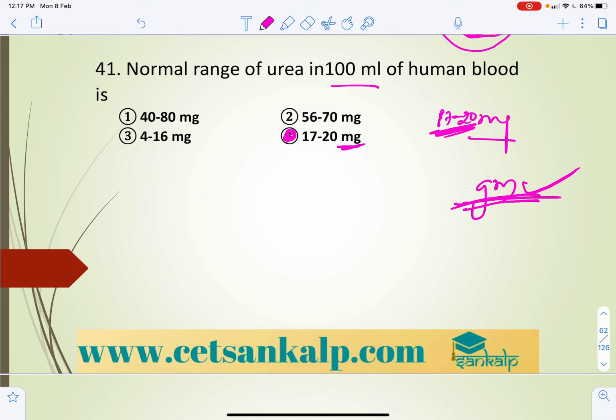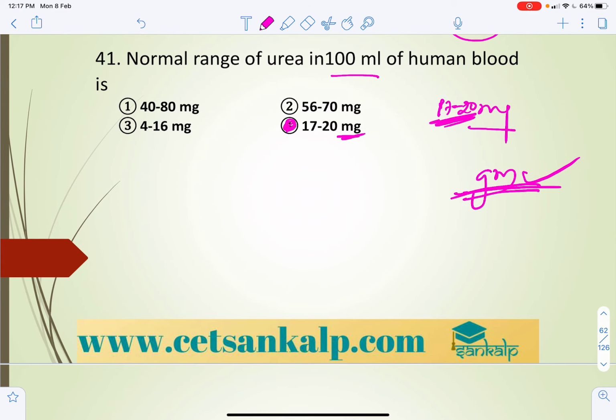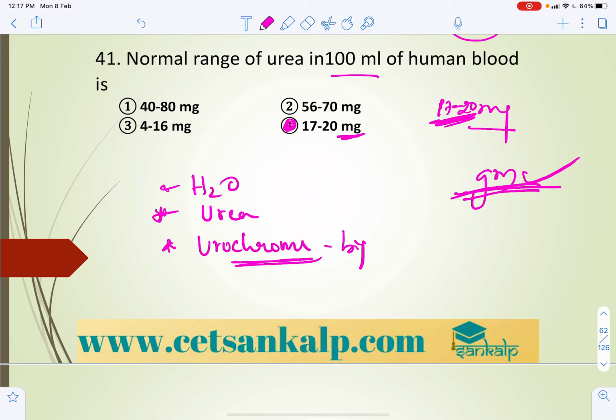Next, in this case, the question is the composition of the urine. Whenever we study the urine content, keep in mind that urea will be there, and the majority is water, and urochrome is the pigment produced during the degradation of RBC, from the liver, which moves back to the intestine.